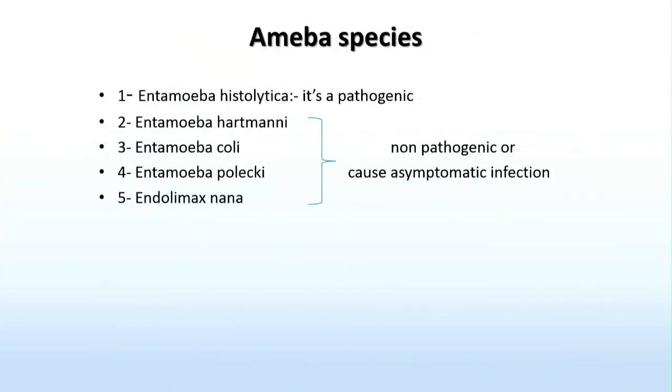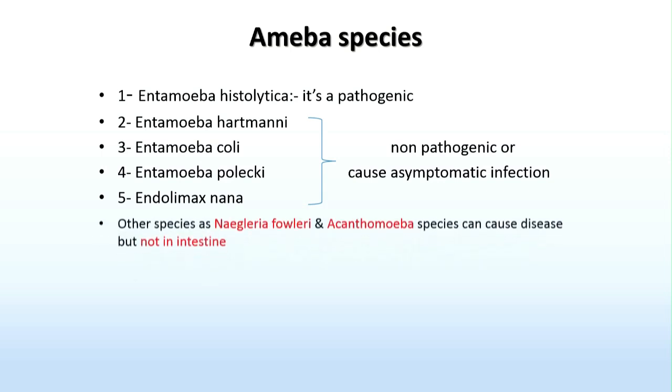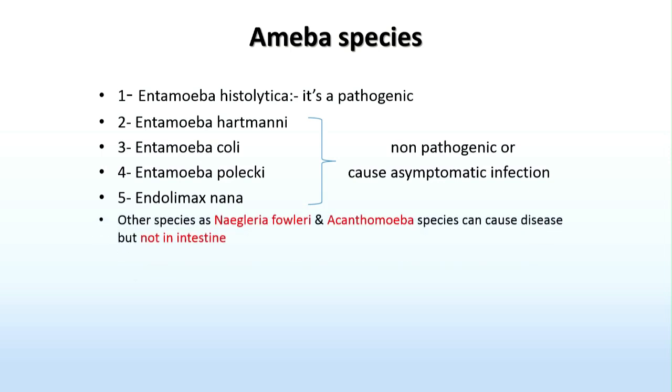Fourth, Entamoeba polecki. Fifth, Endolimax nana. All of these are non-pathogenic or cause asymptomatic infection, except Entamoeba histolytica. Other species are Naegleria fowleri and Acanthamoeba species. These species can cause disease but not in the intestine.